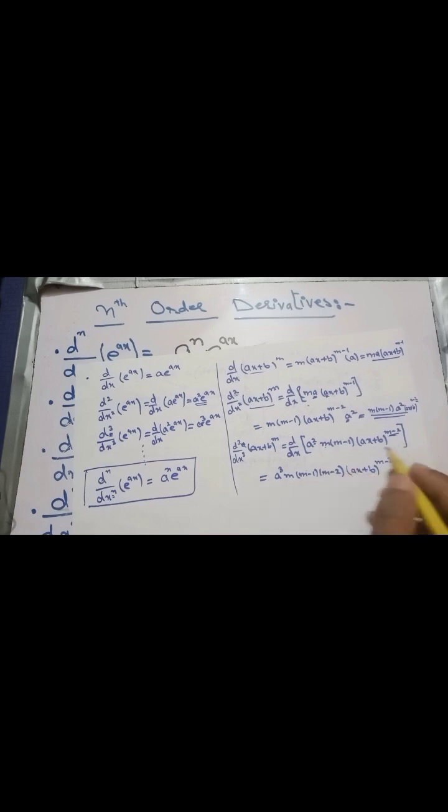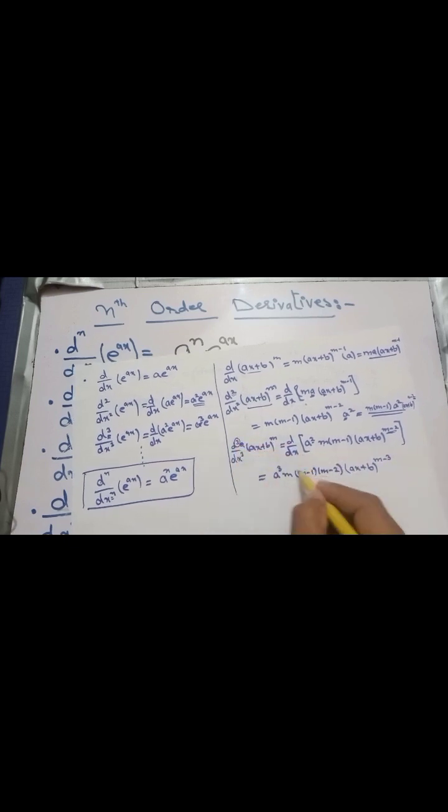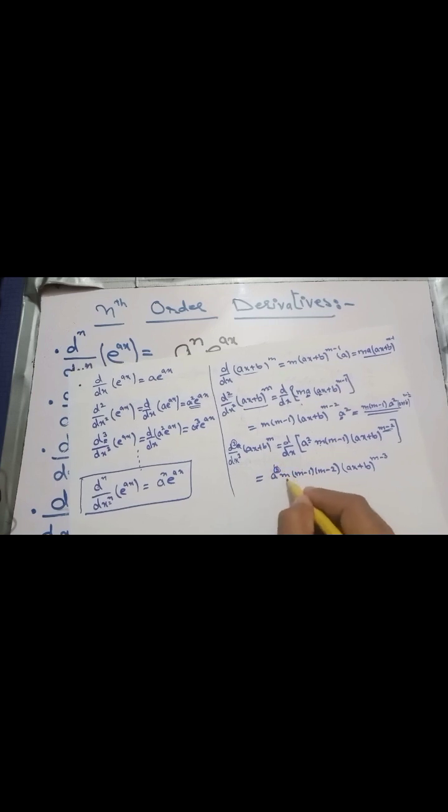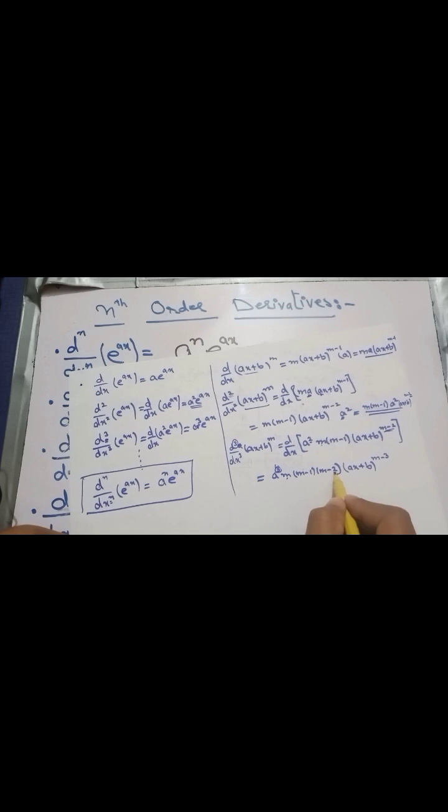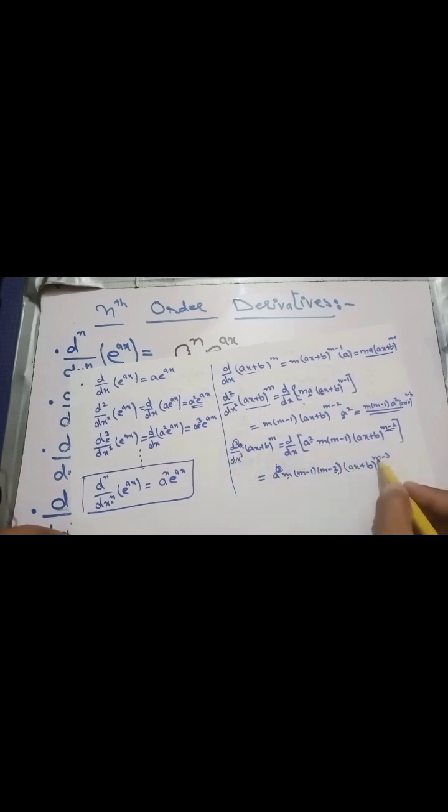So this is the pattern: for the third derivative, we have the third power of a, m reduces through m minus 2, and m minus 3.